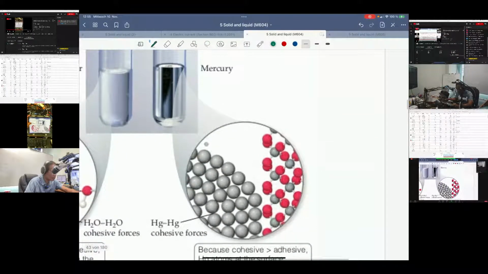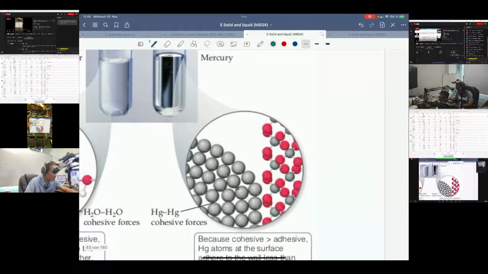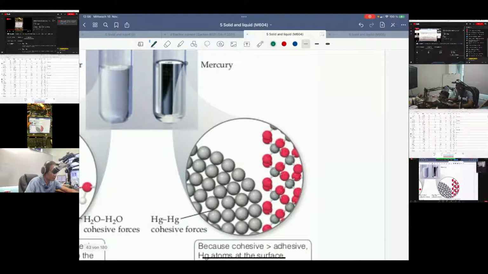Another example, which happens in the opposite way. It's mercury, right? Inside the capillary tube. And of course, if you zoom in on the detail along the wall of this capillary tube, you will see several molecules of mercury, and here are the molecules of the glass again.